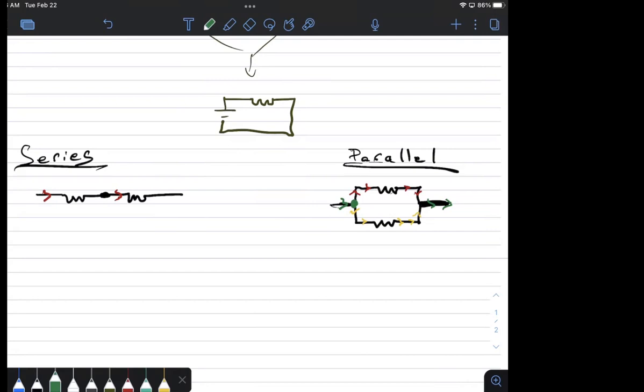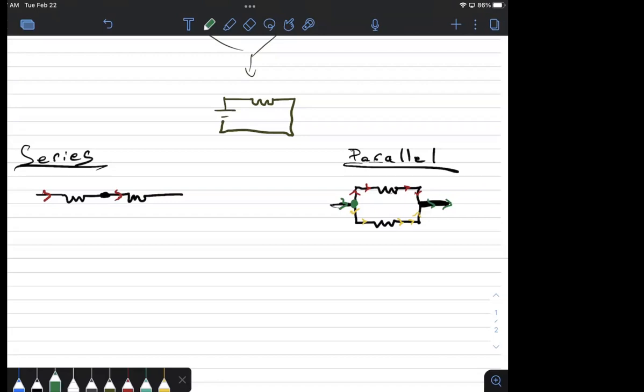This is going to turn out to be the most critical part of what you do in circuit analysis, because the rest is merely Ohm's law, V equals IR, that's it. That's not a big deal. The key to circuit analysis is looking at a circuit, looking at how the resistors are arranged, figuring out what's in series and what's in parallel, and then doing whatever simplification process we're about to learn to get it down to a single resistor type circuit.